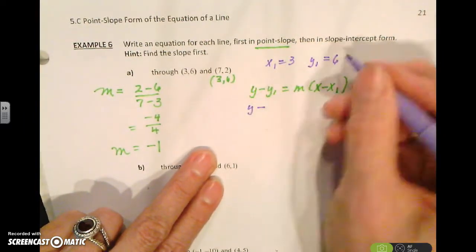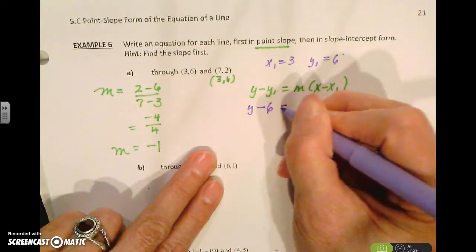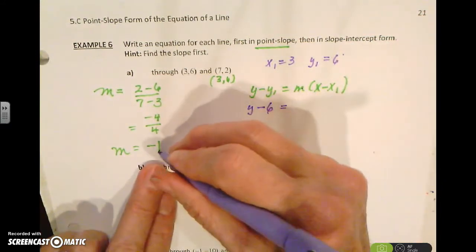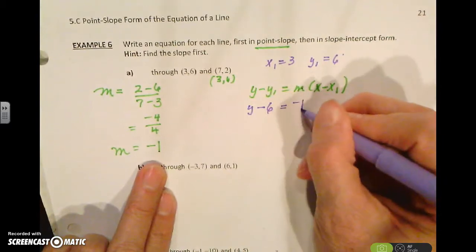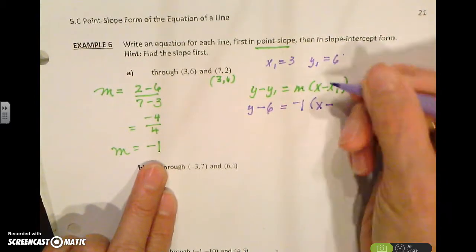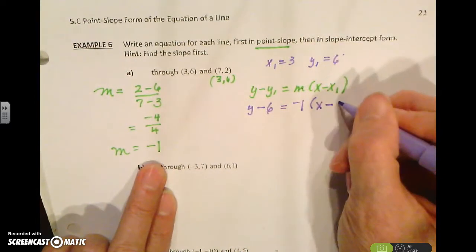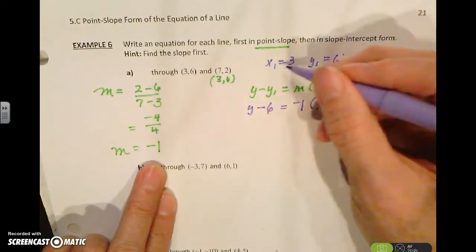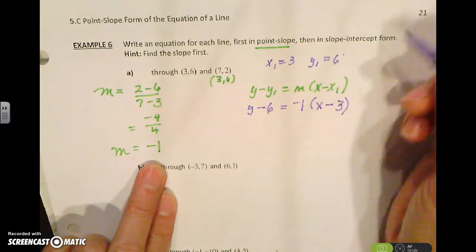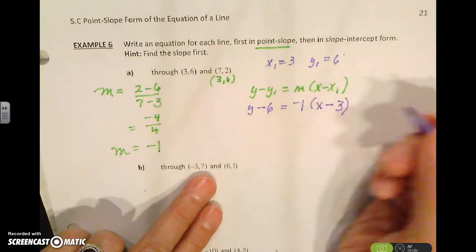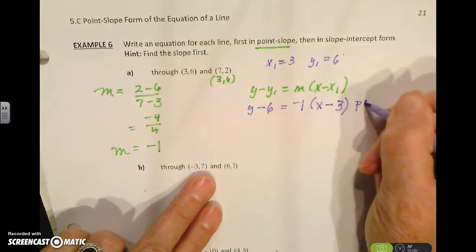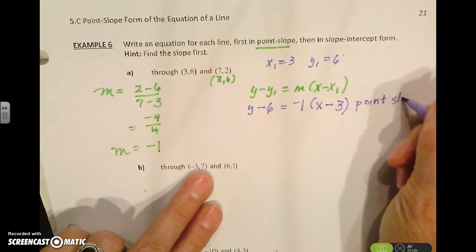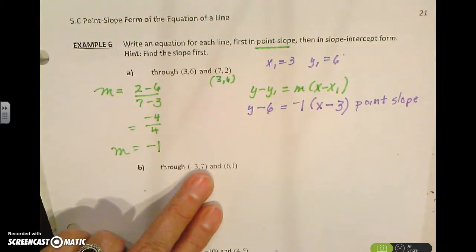So I'm going to have y minus y1, which is 6, is equal to m, and m was negative 1, so negative 1 times x minus x1, which we're going to call 3. So you just have to make sure that you use the same point, 3, 6. Now I have point-slope form, and if that was what was asked for, I could stop right there.